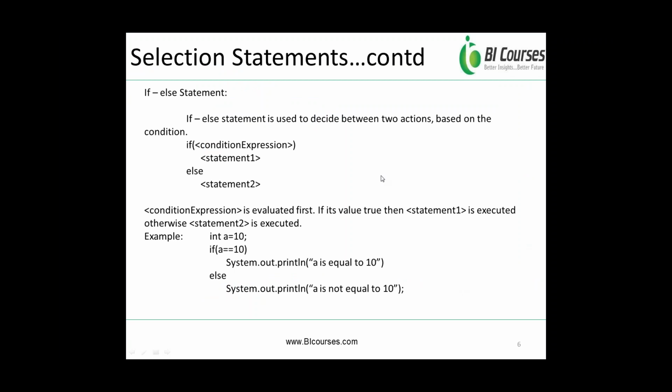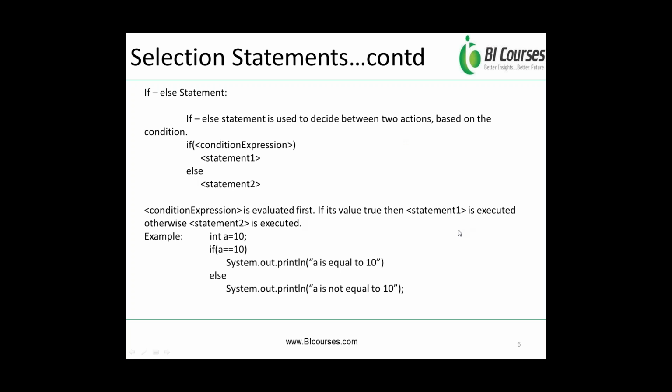This is one kind of selection statement. The if else statement is used to decide between two actions based on the condition. If the condition expression is true, then execute statement 1, or else execute statement 2. The condition expression evaluates first. If it is true, then statement 1 will be executed, otherwise statement 2 will be executed.